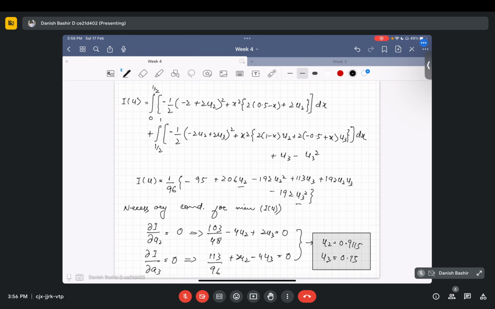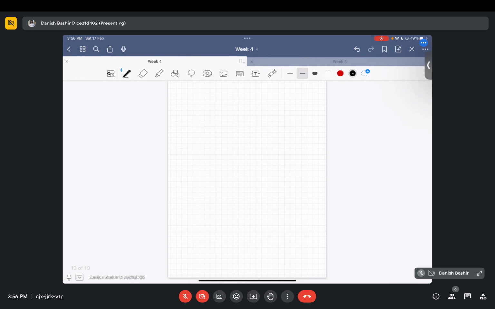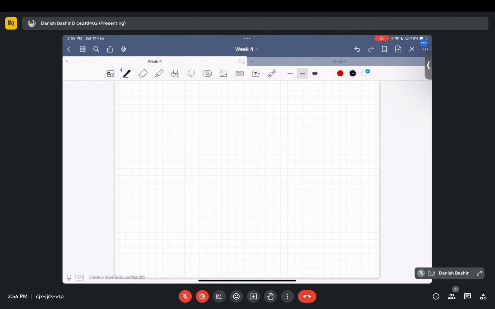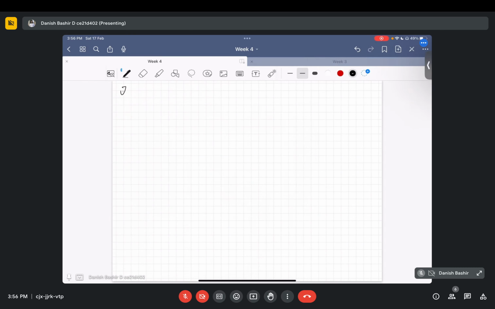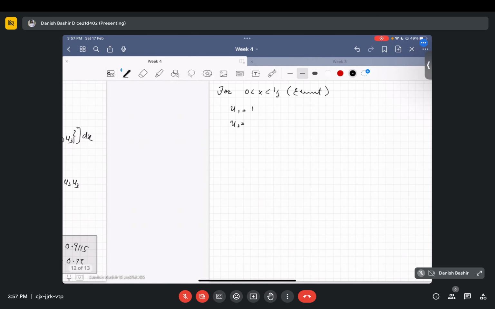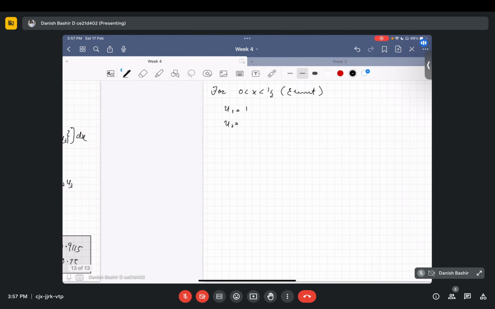So the element solution, we got u2 and u3. For the domain 0 less than x less than 1 by 2, or element 1, we have u1 equal to 1 and u2 equal to 0.9115.